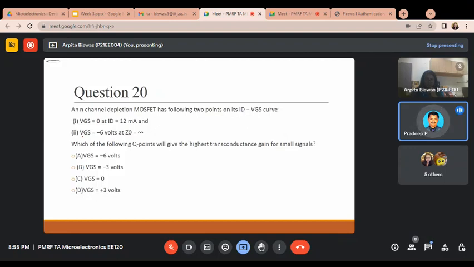Even for VGS greater than V threshold, the channel is created, that is enhancement. Okay, in enhancement mode, there is no channel. We have to give some input voltage, VGS value, so we have to create the channel, right? And in depletion mode, already there is a channel present. We have to give some gate voltage to deplete this channel, right?